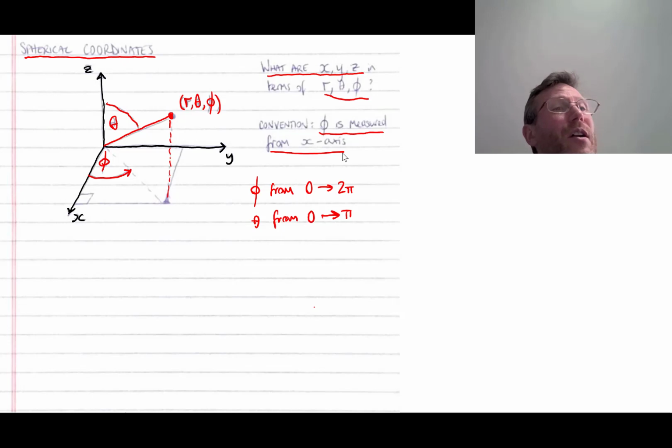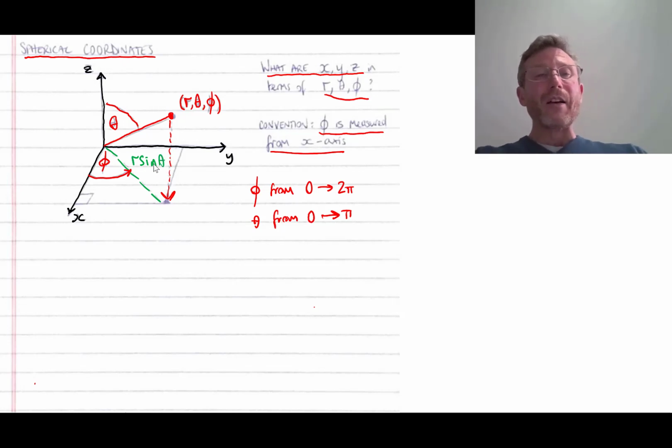We're actually going to project this position down to the xy plane. And so what I'm going to draw in here now in green is this line here, and we can think about that as being equal to r sine theta. So we think of r as the length of that, it's the distance, so it's effectively the hypotenuse here.